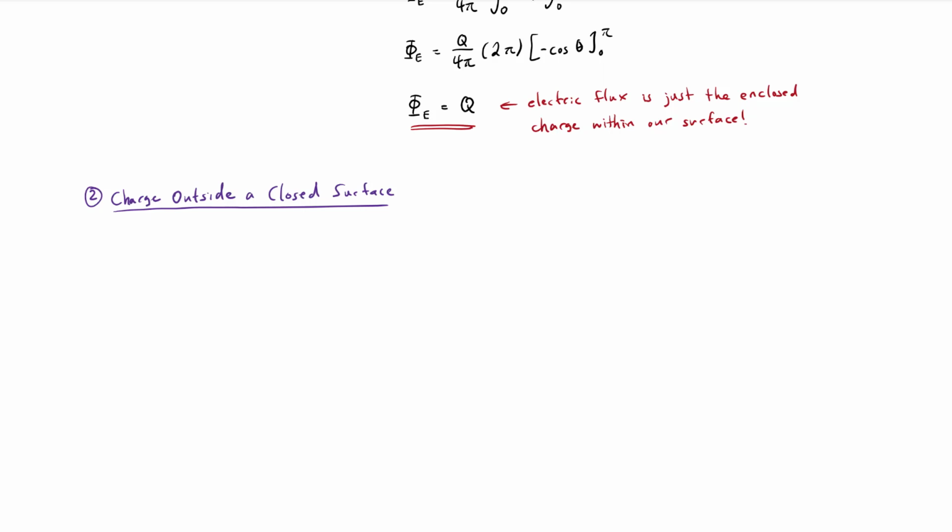So just to make things simple, I'm going to keep to the same spherical nature in terms of our shape. We're just going to have our point charge over here, which we'll call Q, and it's going to have electric field lines that radiate out of it.